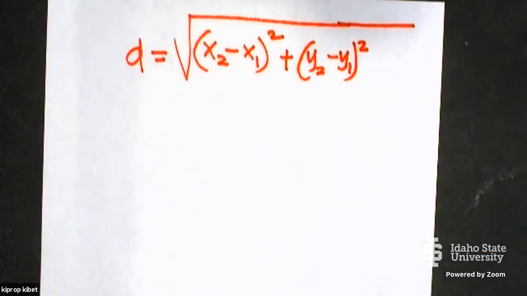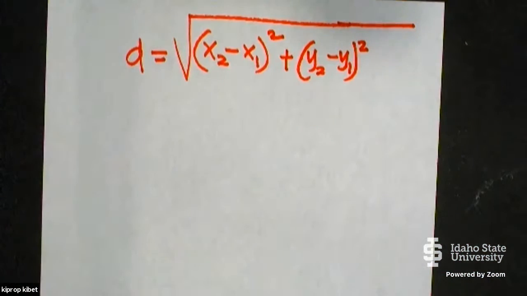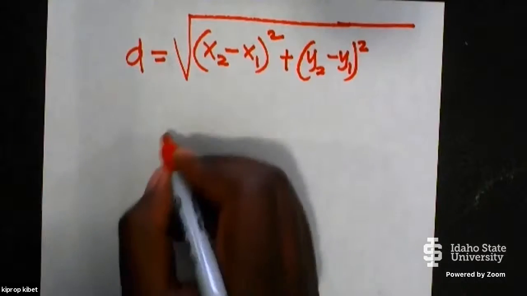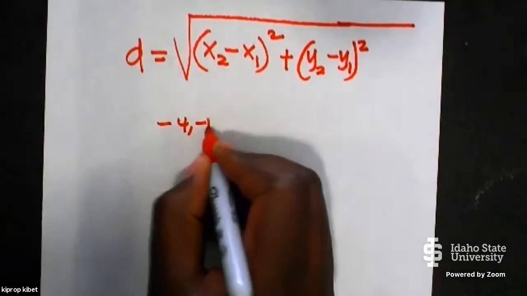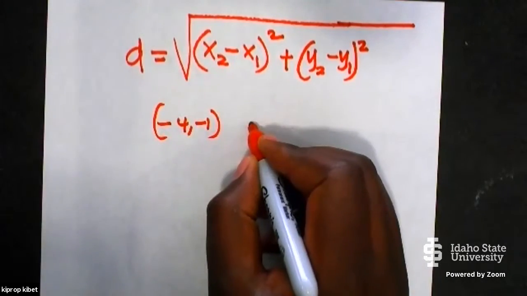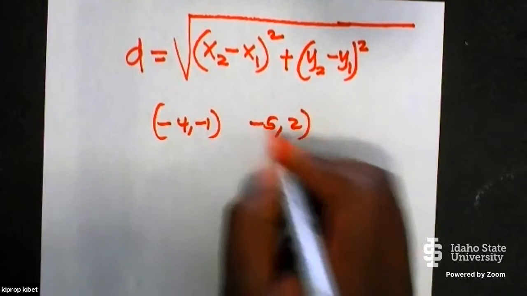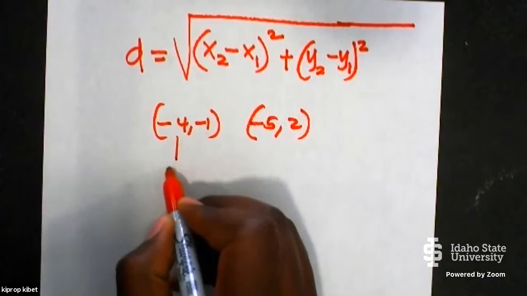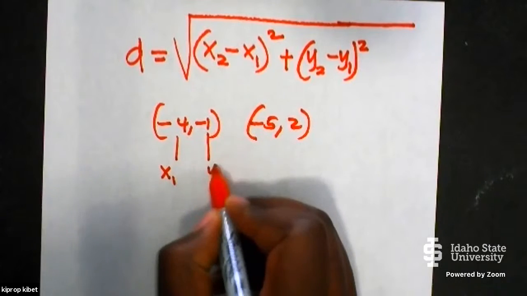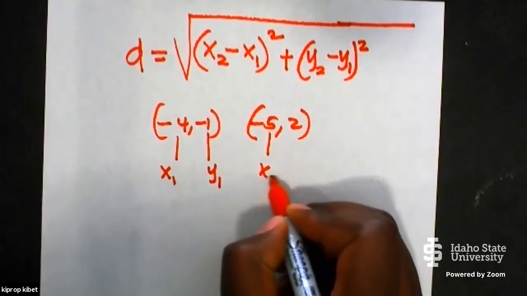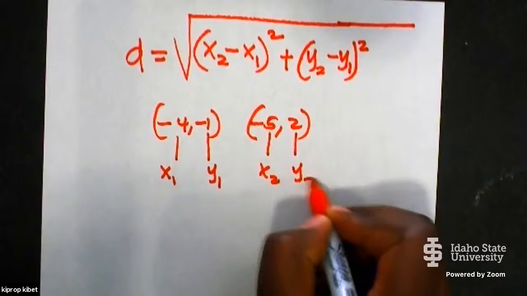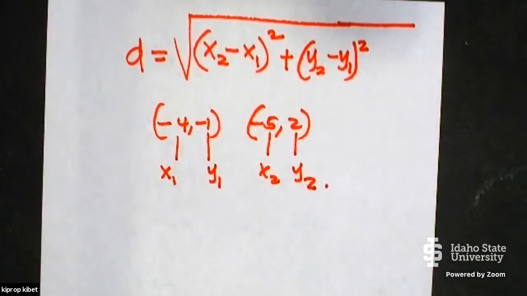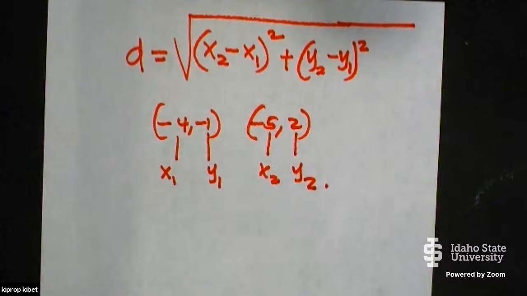So that is the formula. There you have -4 minus 1, and then you have -5 and 2. So this is x1, this is y1, this is x2, and this one is y2.